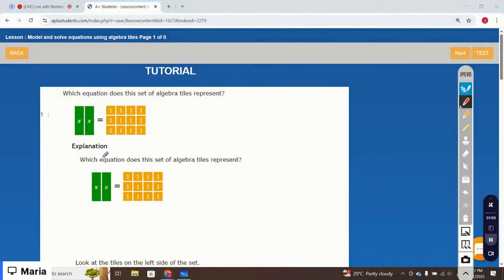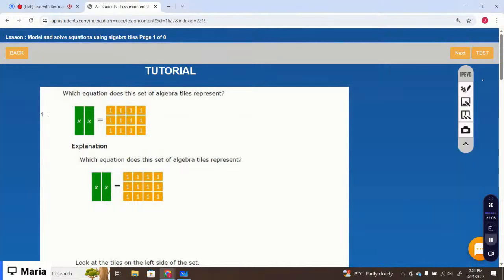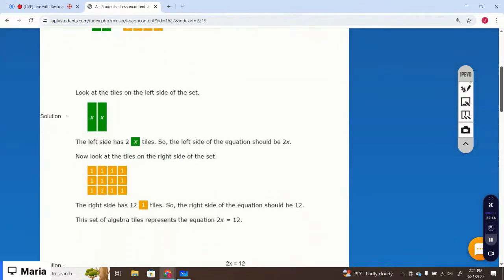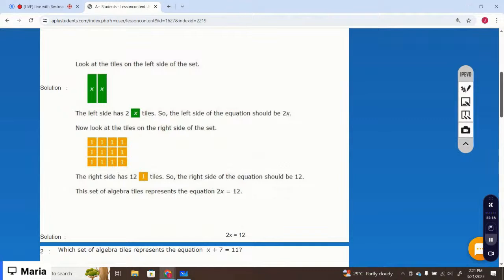So we have x and x, so that means you have 2x, and you need to count these: 1, 2, 3, 4, 5, 6, 7, 8, 9, 10, 11. The orange tiles, the orange side, represent the positive one. So 2x equals 12. The correct option is 2x equals 12.